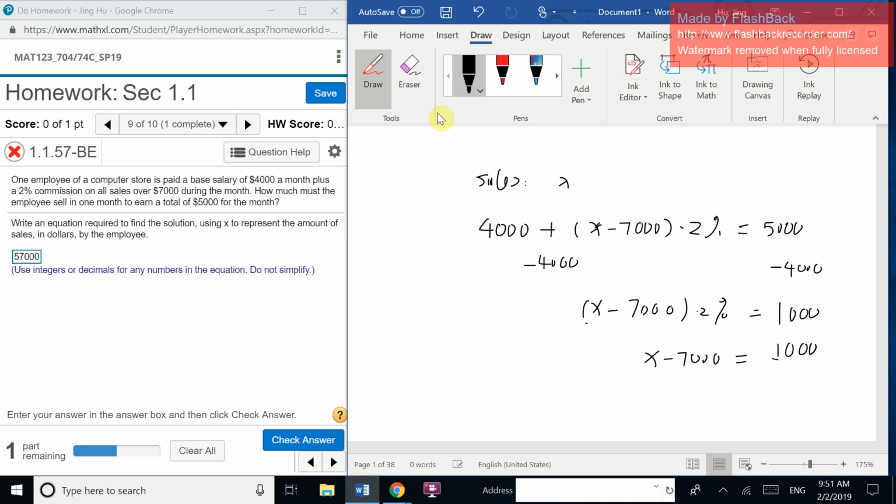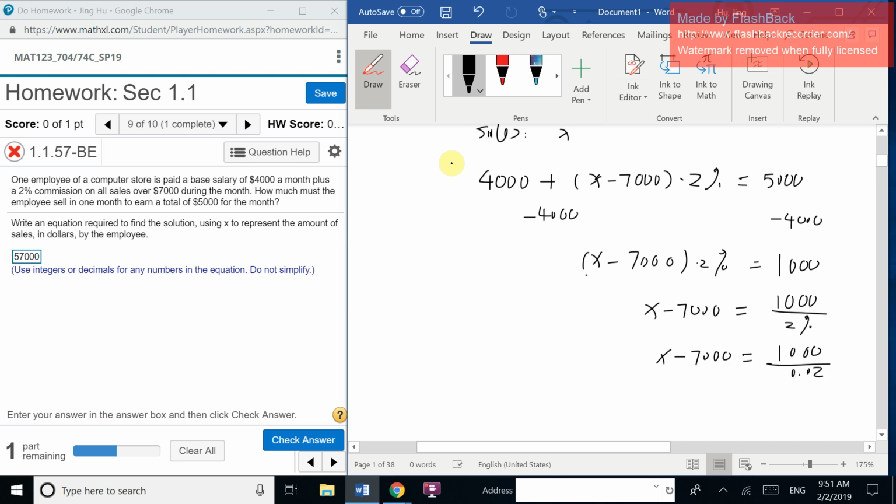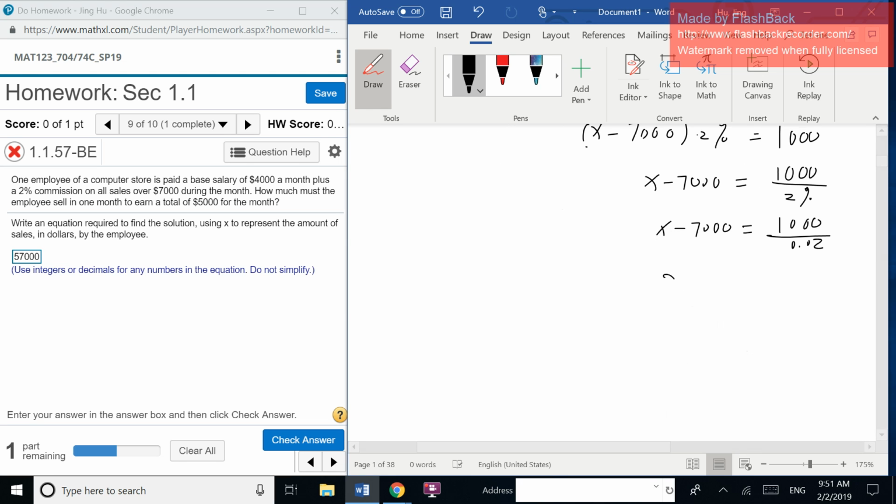So now we just solve the linear equation. $1,000 divided by 0.02, where 2% means 0.02, is 50,000. So x is 57,000.